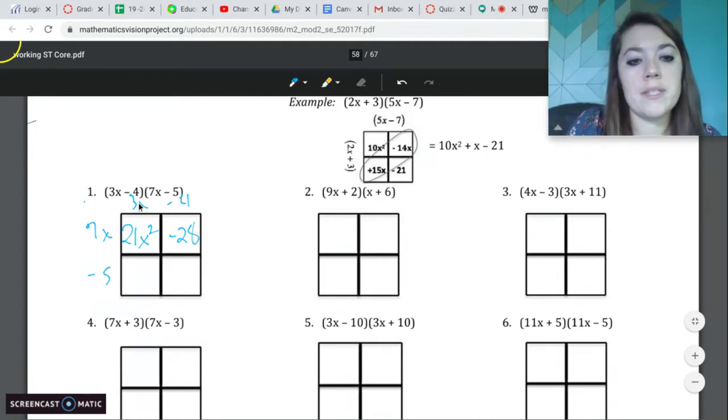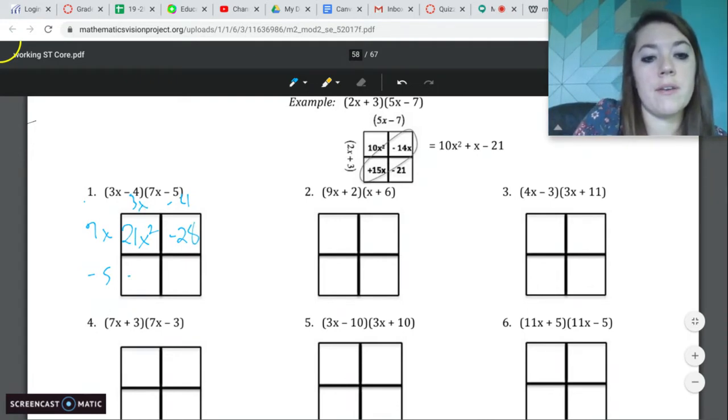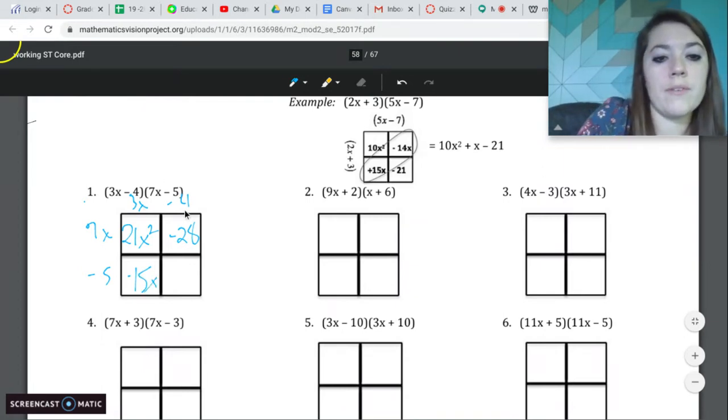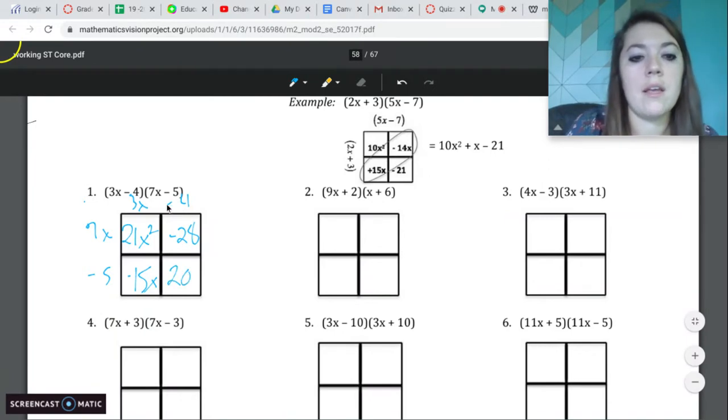Negative 5 times 3x is going to give us a negative 15x. And negative 5 times negative 4 will give us a positive 20.